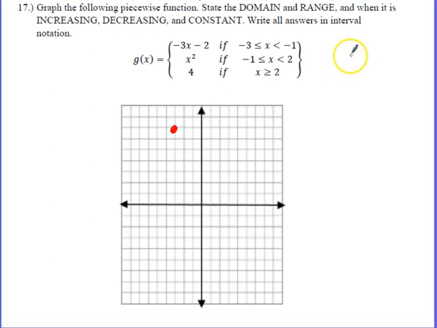And then we can plug in our other endpoint, which is -1. So negative 1 times negative 3 is 3. 3 minus 2 is 1. So negative 1, negative 1. Now, it is just this line segment here. And the reason being is this is our endpoint. This function only starts at negative 3.